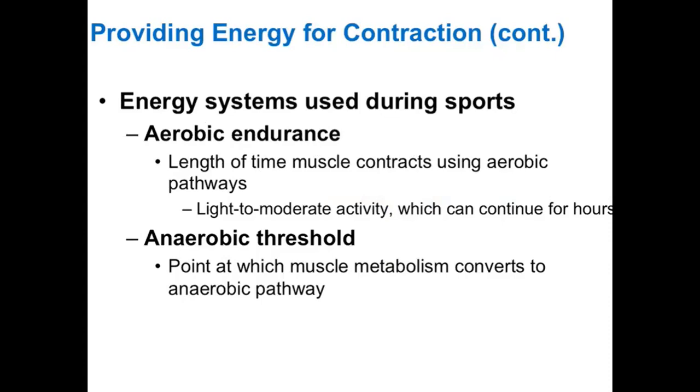On the other hand, when you utilize the glycolytic pathway, this needs a burst of energy supply for a short period of time, which will allow you to provide a large amount of ATP, but only using the glycolytic pathway.